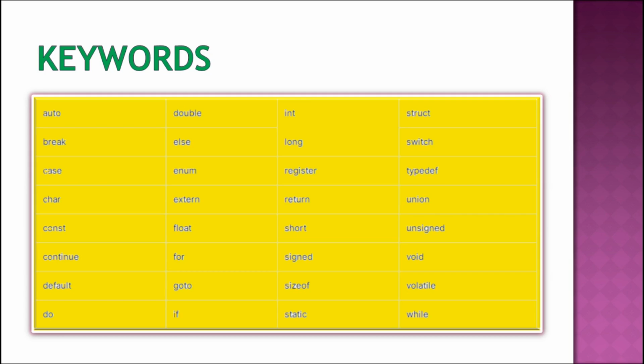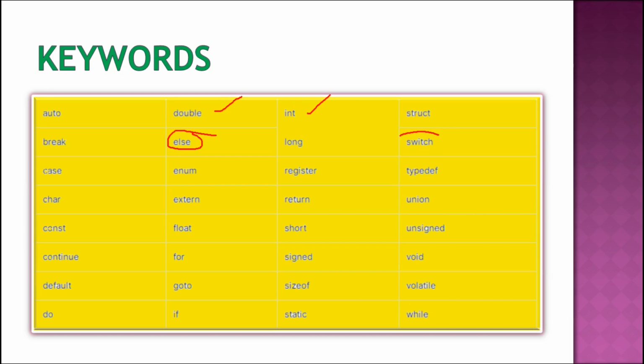These are the keywords, like double. It is a type of the integer. It is also an integer type, whereas else is used in programs like if programs, for programs and while.